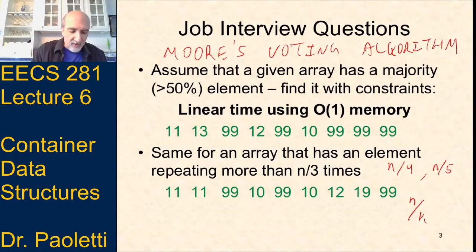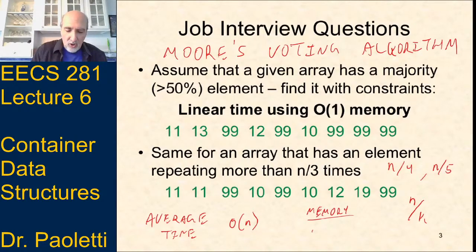What we've got to say is that the average time is O of n, and the memory is O of k. So whatever k is, we're going to need that much memory. And we might get a time worse than this, but on average it'll be as good as O of n time.